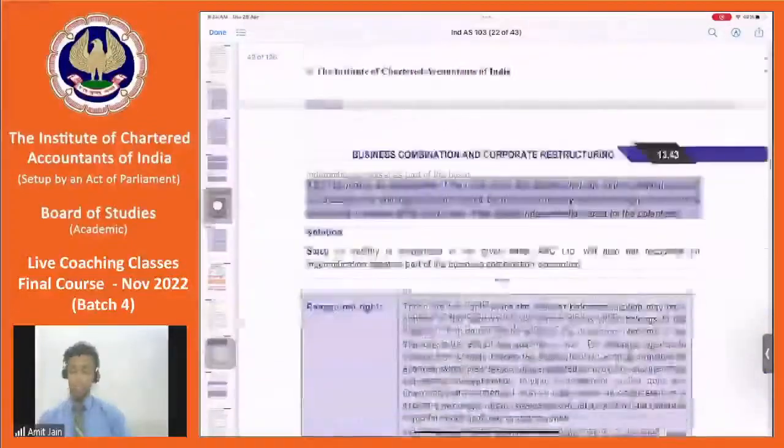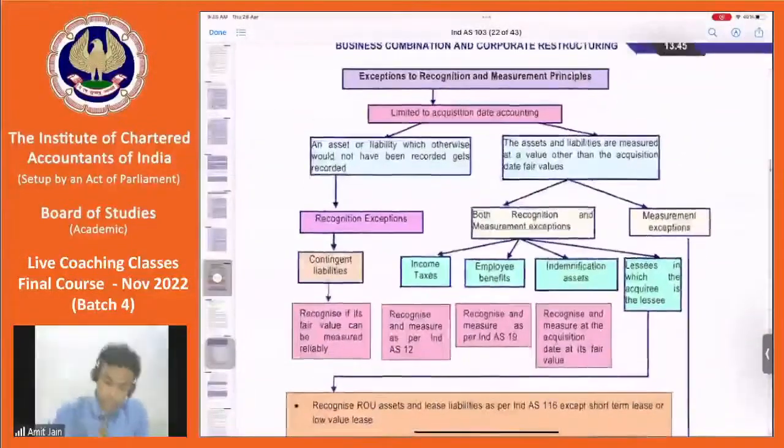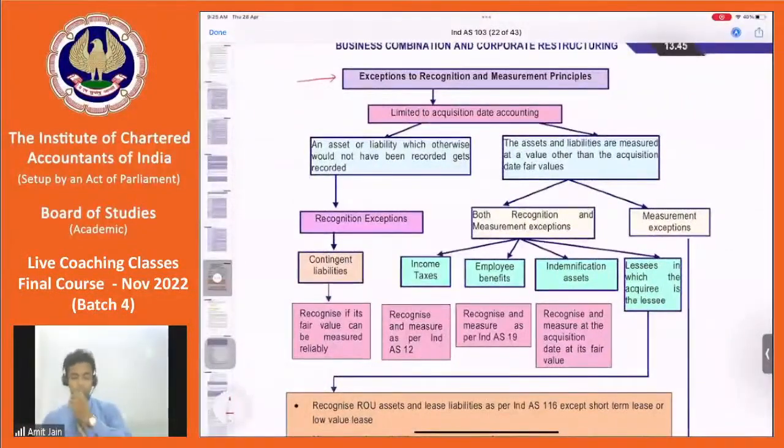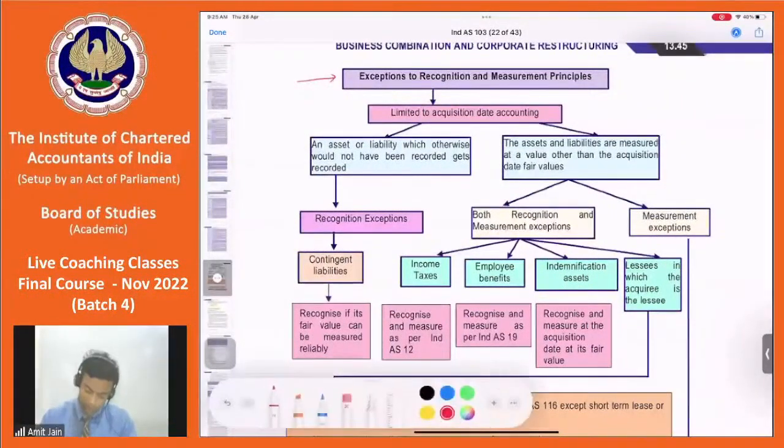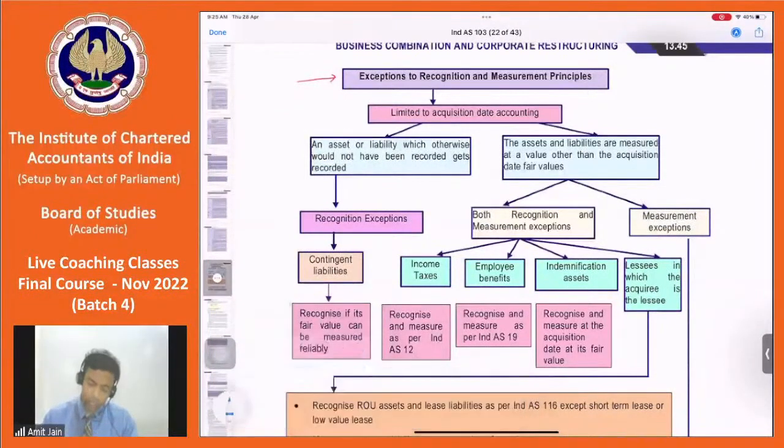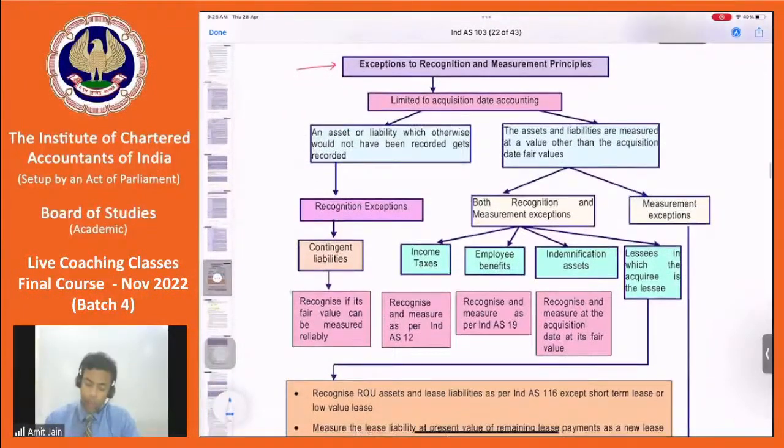So we are saying this is an exception to the recognition and the measurement principle. Jay Srivastav is saying reacquired right is an intangible. Yes. They have classified all these exceptions into various categories.